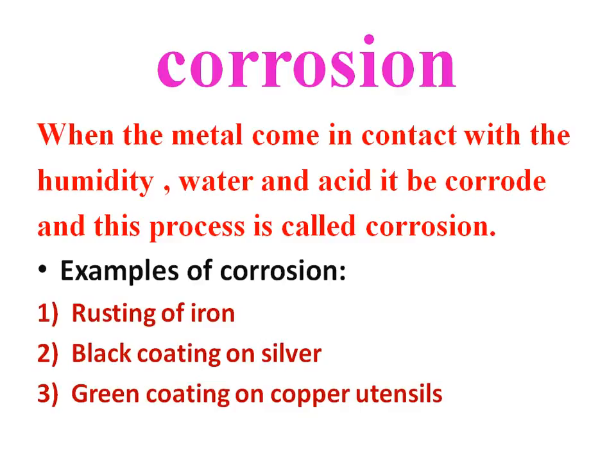So this type of reaction is called corrosion. The definition is on the screen. When a metal comes in contact with humidity, water and acid, it corrodes, and this process is called corrosion.